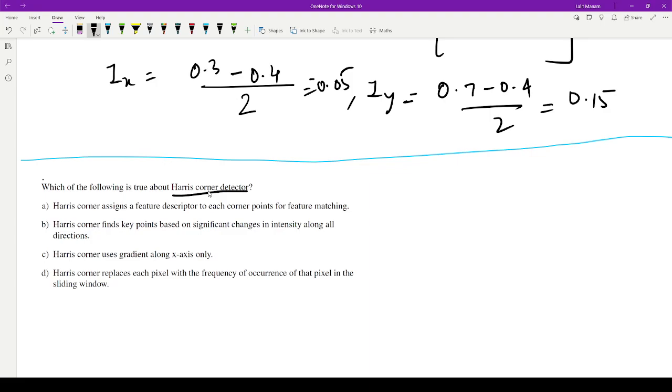So for the previous lectures, what was our focus on? Not the projection matrix or stereo geometry.